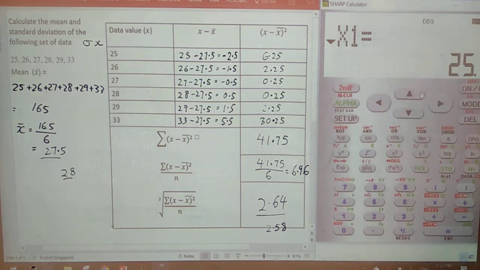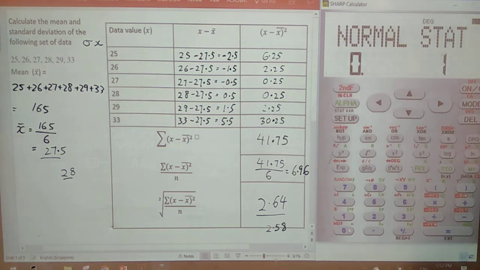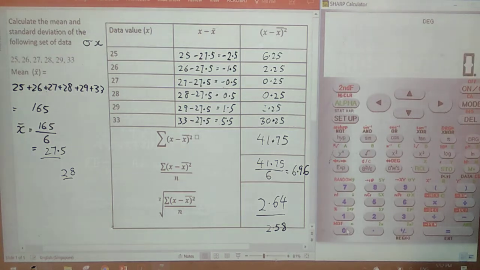So let's just go back to the usual mode of calculation. So I'm going to click on mode. I'm going to press 0. I'm back to the usual non-statistics mode.